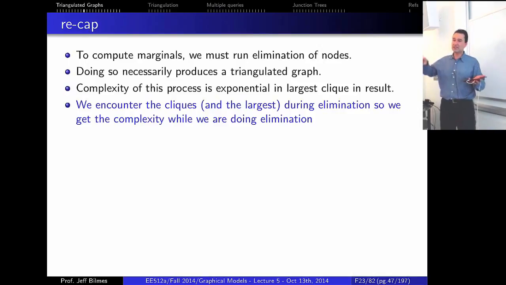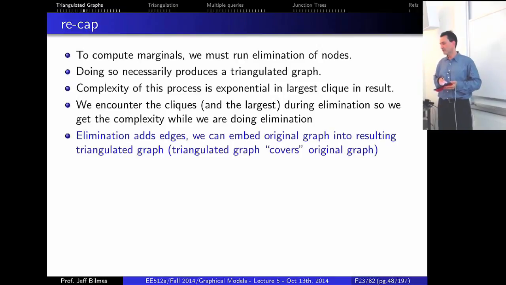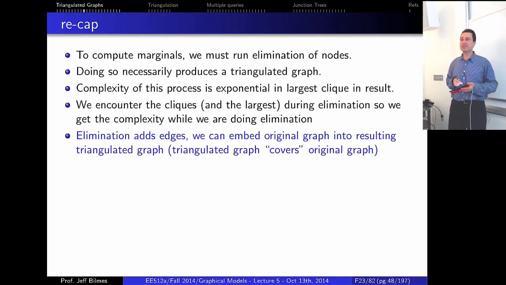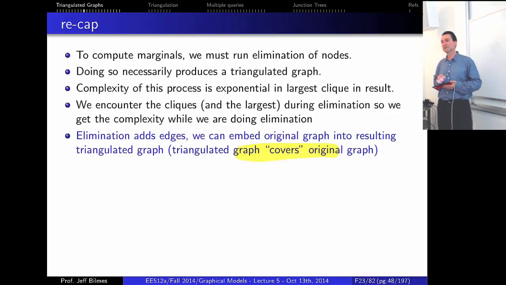If we're running elimination and suddenly we get this massive clique, we know that we're going to have to deal with that clique when we're summing out the variables in practice. The elimination process necessarily adds edges, namely the fill-in edges, to the graph, and then the resulting reconstituted graph is one that the original graph can be embedded into. We can say that the triangulated graph covers the original graph.